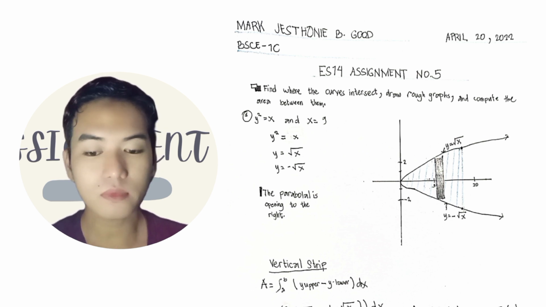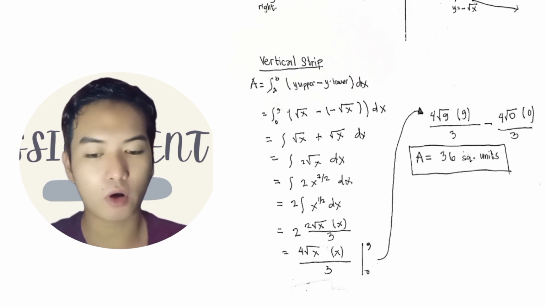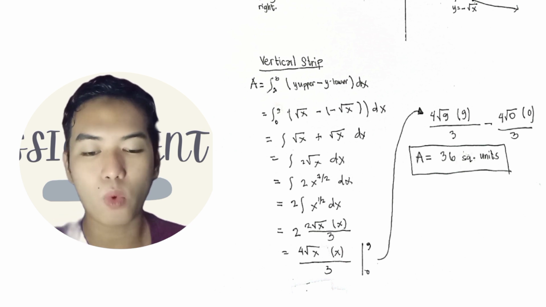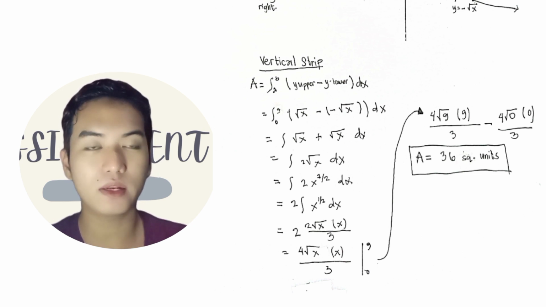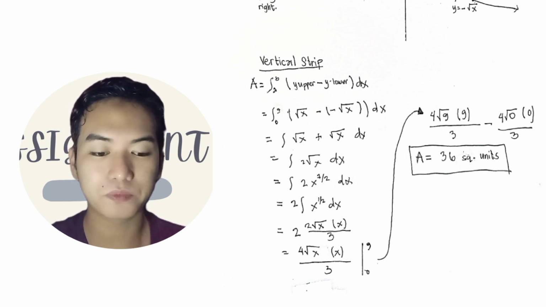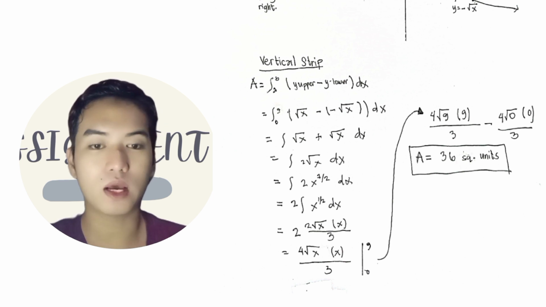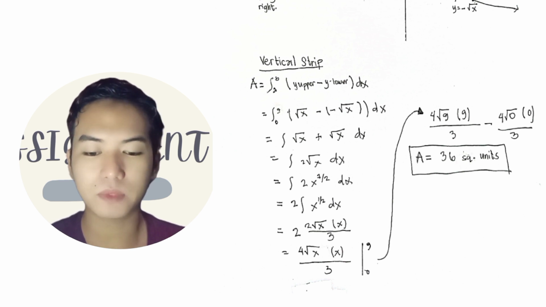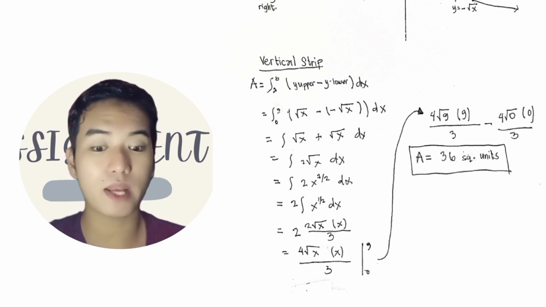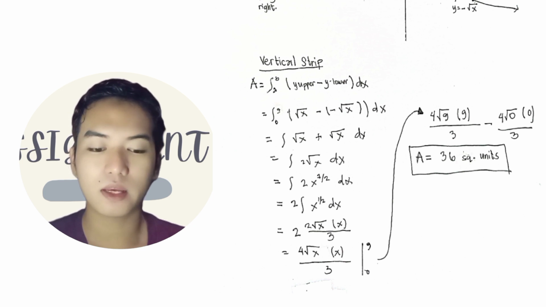We will use the vertical strip formula, which is A equals the integral from lower limit a to upper limit b of y upper minus y lower times dx. We will now plug in the values to our formula, and we have the integral with lower limit of 0 and upper limit of 9 of square root of x minus negative square root of x dx.